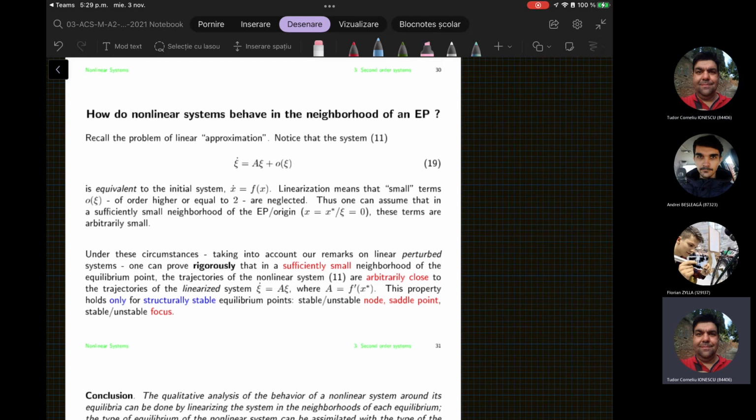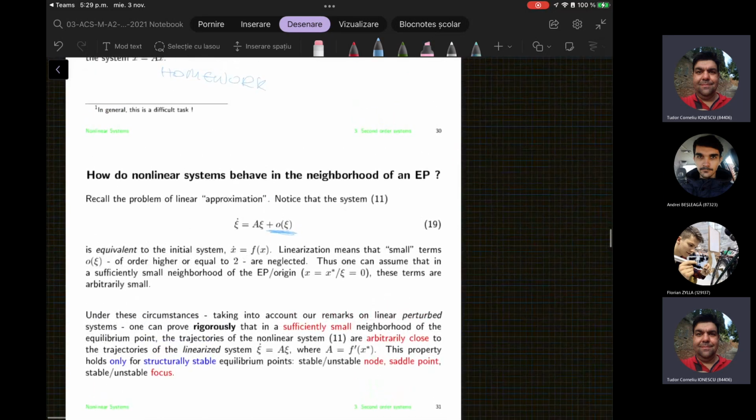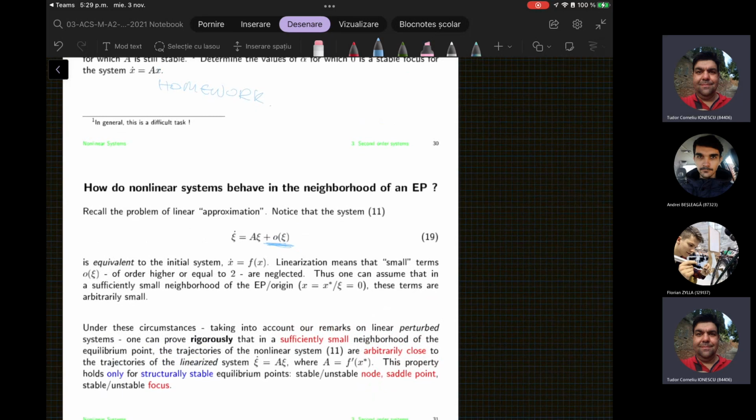Okay. So this system psi dot is xi plus higher order terms, which is equivalent in some sense to the initial system. It's equivalent, but it is equivalent when you add these higher order terms. When you don't have the higher order terms, this guy is a different object.